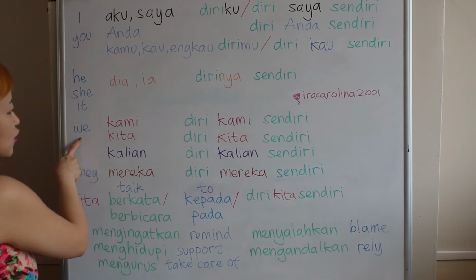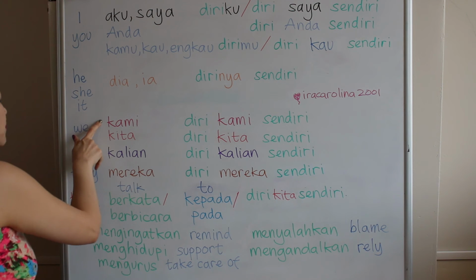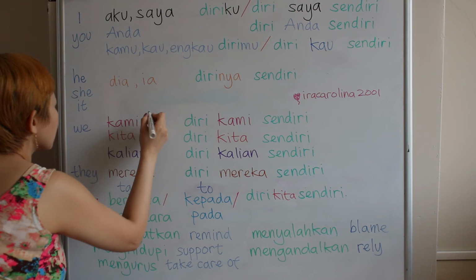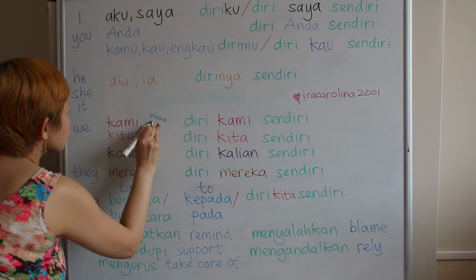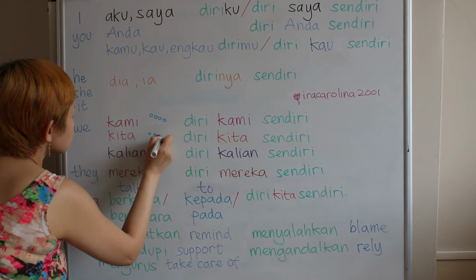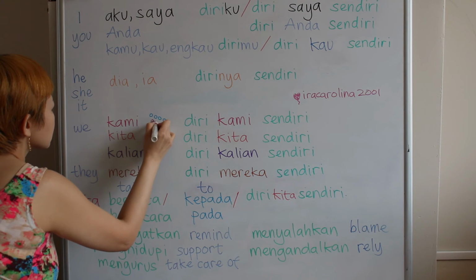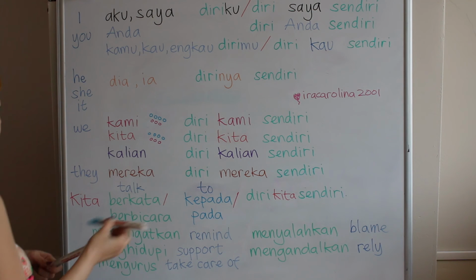We, in Indonesian language, we have kami and we have kita. I will do this. Let's say there's group of blue, there's group of pink.